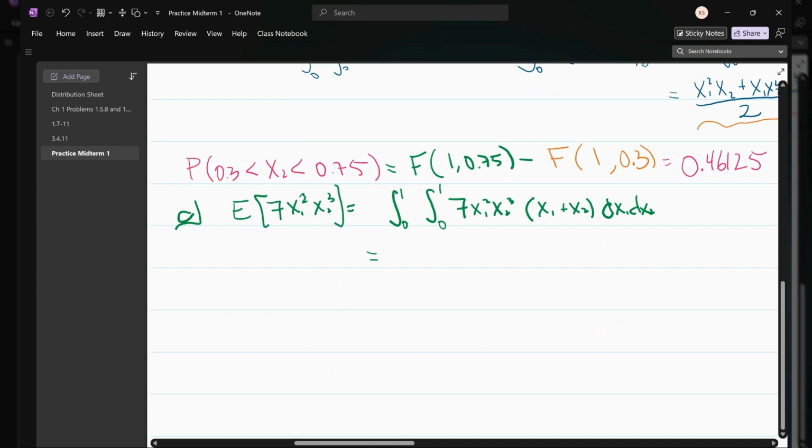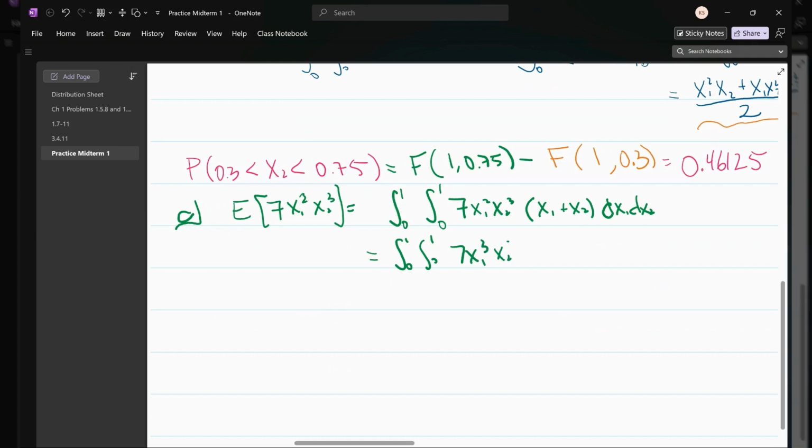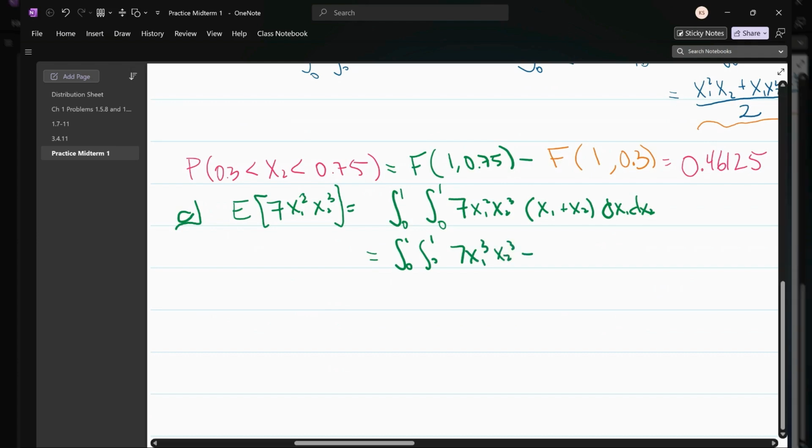That's how we set up our integral, then just a matter of distributing and integrating. 0 to 1, 0 to 1, 7x1 cubed, x2 cubed, plus 7x1 squared, x2 to the fourth power, dx1, dx2.